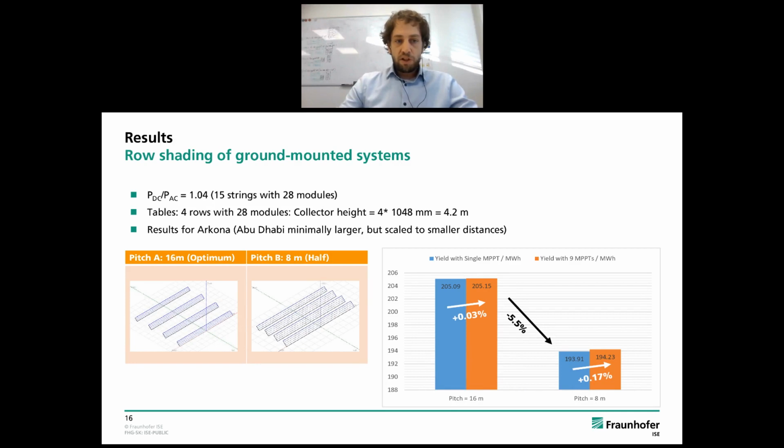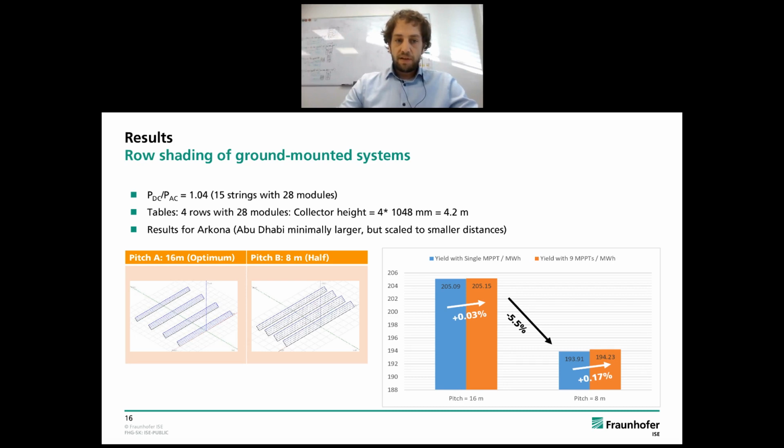The first one is row shading of a ground-mounted system. Whenever you have a ground-mounted system, you have tables, and these tables are creating shadow on the other ones, and that way creating losses and also mismatch. We analyzed for this scenario how big these losses are, and the diagram here is shown for an example in Arkona, where we designed tables with 4 rows each and 28 modules as a string per table.